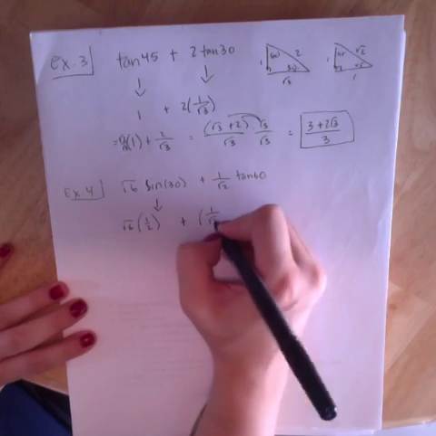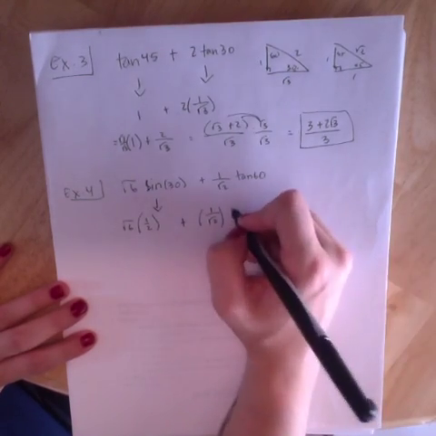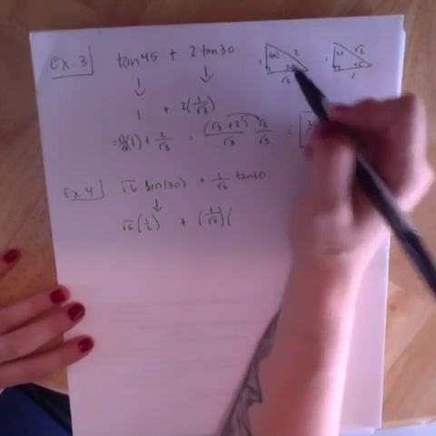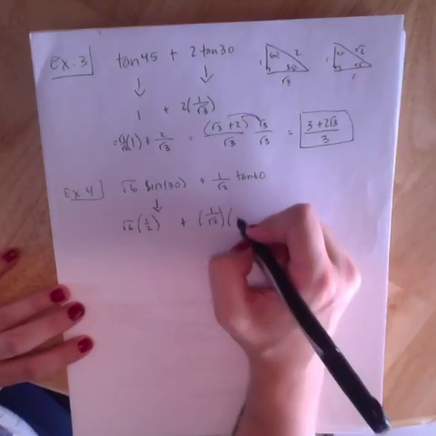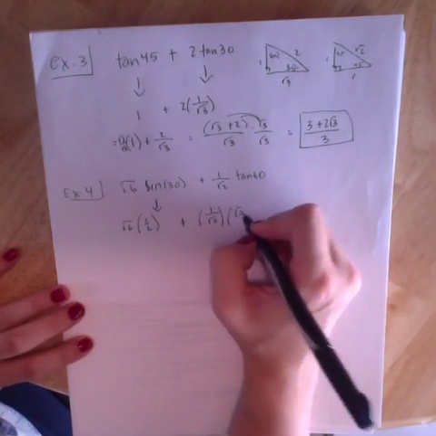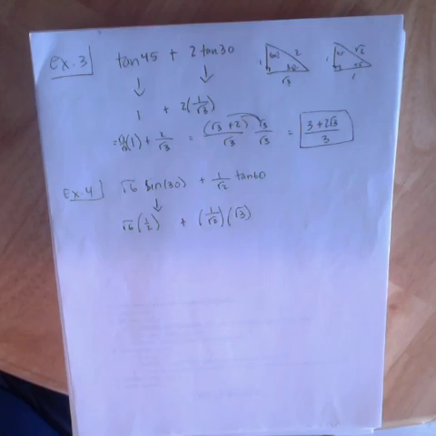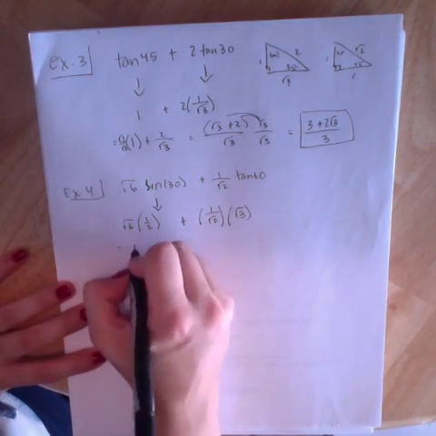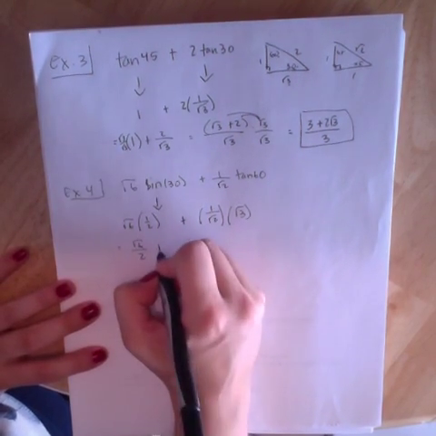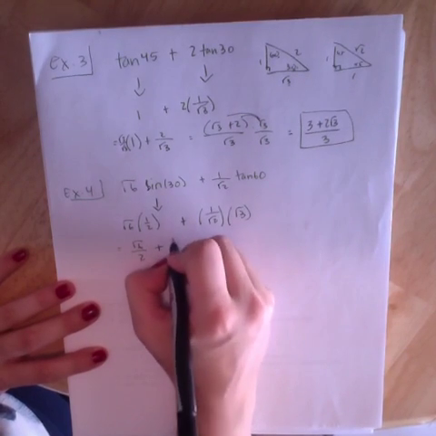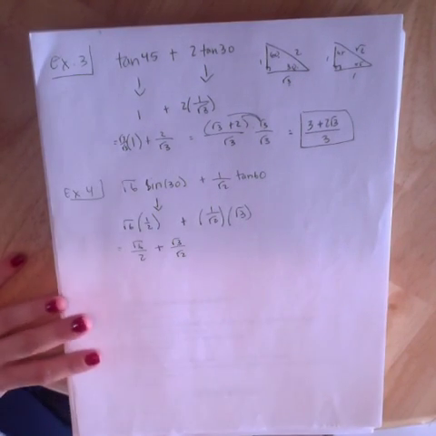Over here, 1 over root 2 is going to go along for the ride. And tangent of 60 is opposite over adjacent, which gives me root 3, or root 3 over 1. Simplifying this gives me root 6 over 2 plus root 3 over root 2.